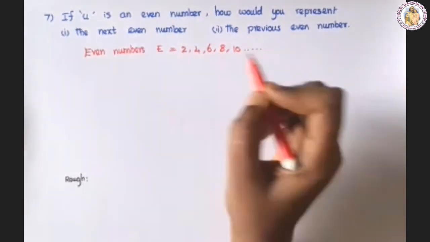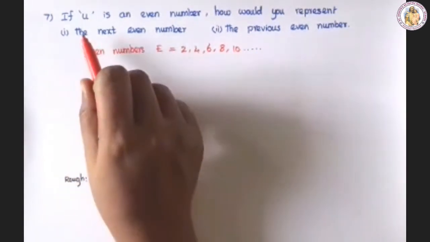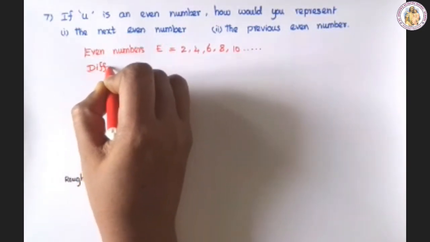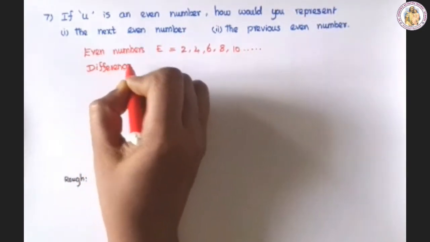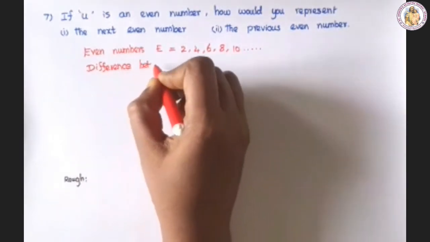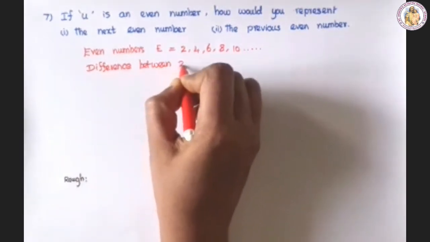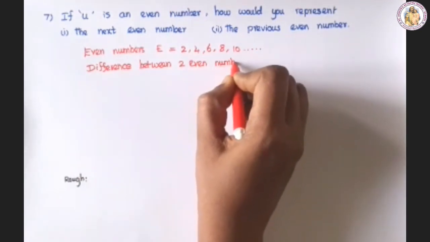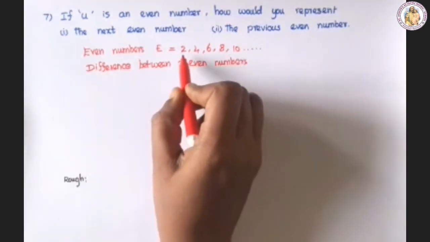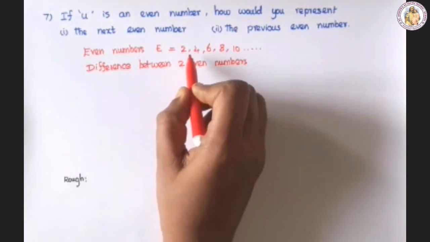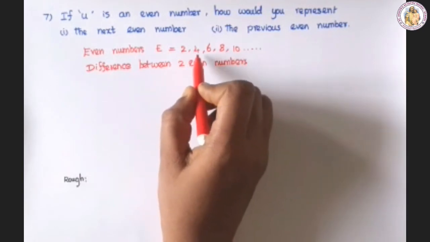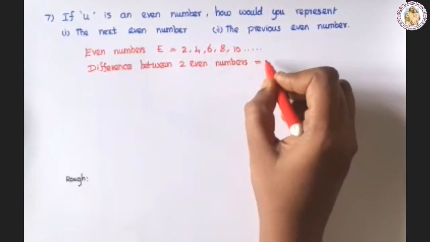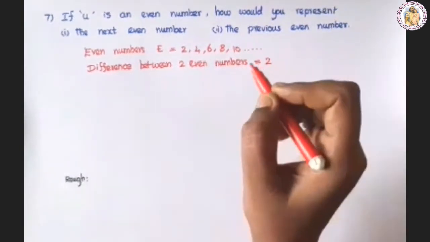These are the even numbers. Difference between two even numbers. What is the difference between 2 and 4? 2. 4 and 6, 2. So, two even numbers, difference is 2.